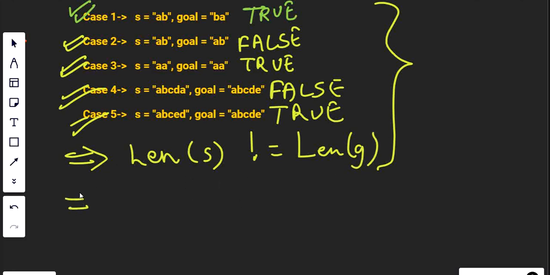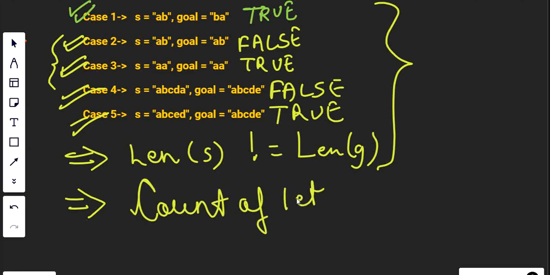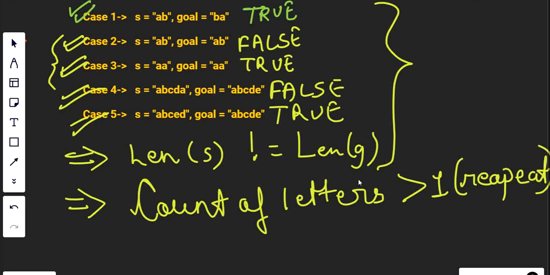Then the second case will be if length is the same and strings are also the same, like these two. In that case, what do we have to check? We have to check the count of letters. Repetition is required. Repetition is a need.